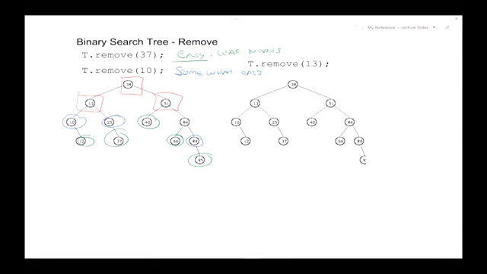What's similar about all of these nodes? They all have 2 children. So how would we go about removing a node like 13? So let's find the node 13. Okay, we want to remove 13.